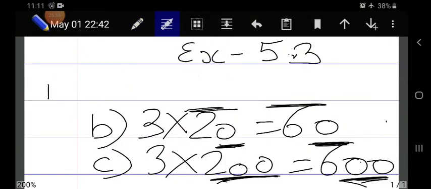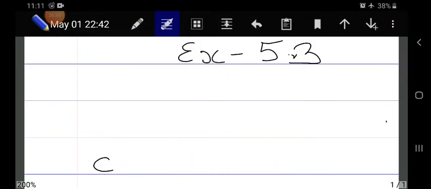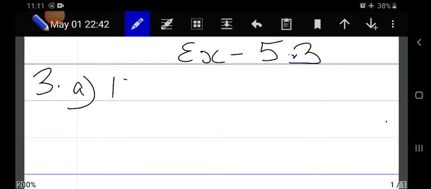So we will start here. Third sum, A part, 17 multiplied by 5.